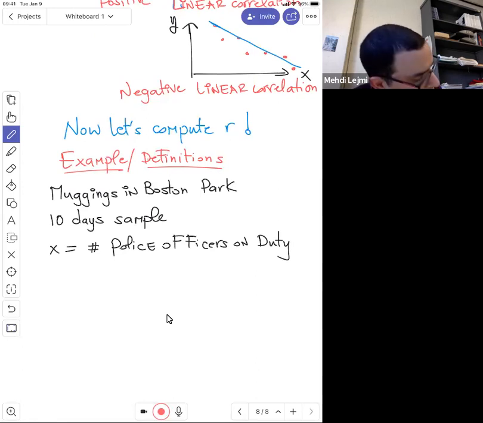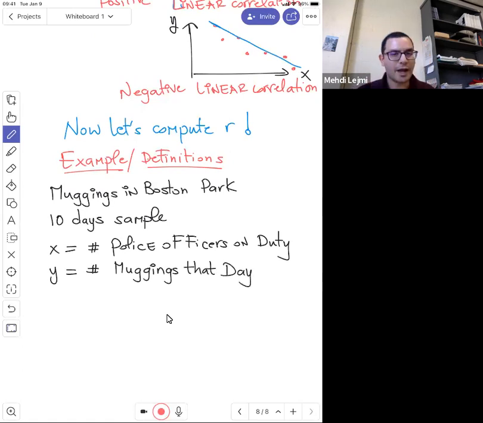And the variable Y is going to represent the number of muggings that day. Okay, and of course, the question is: is there a relation between the number of police officers on duty and the number of muggings that day, right?